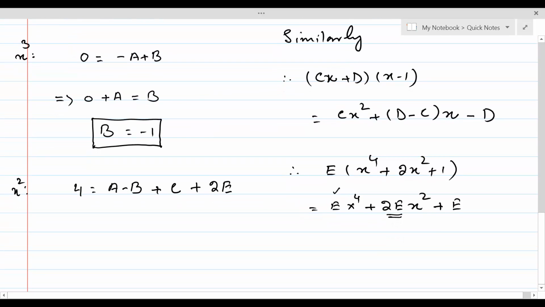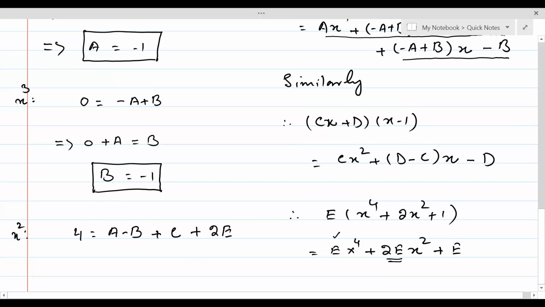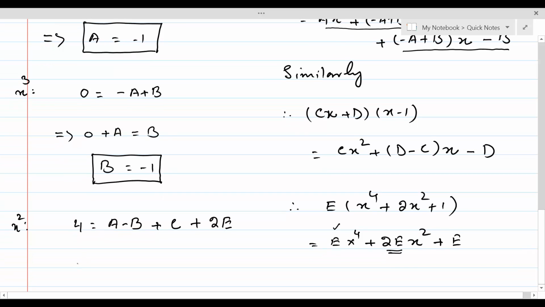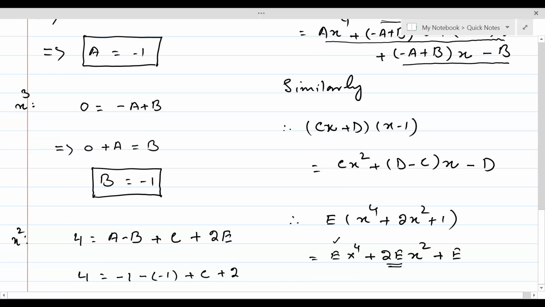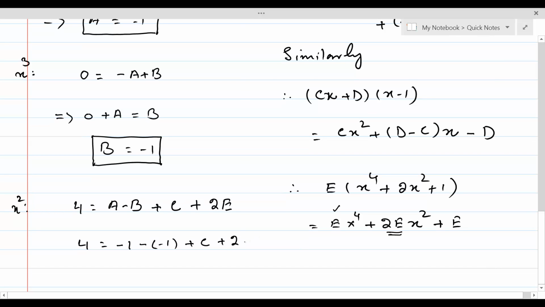Now by substituting the values of A, B, and E, this gives us 4 equal to -1 minus -1 plus C plus 2 times E. E was equal to 1, so this is 2 times 1.